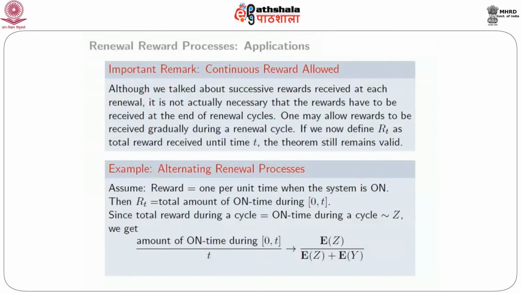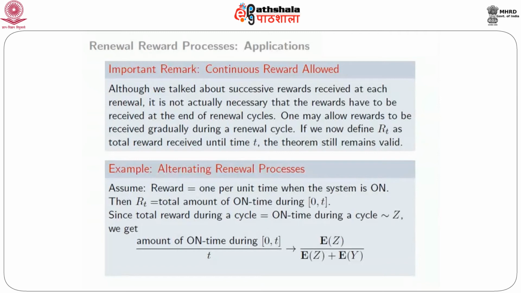Since the total reward during a cycle is the same as the on time during a cycle, which is Z_1, we get that the amount of on time during 0 to t over t converges to the expectation of the total reward during the cycle, which is E[R_1], which is E[Z], divided by the expected total renewal cycle length, which is E[Z] plus E[Y].